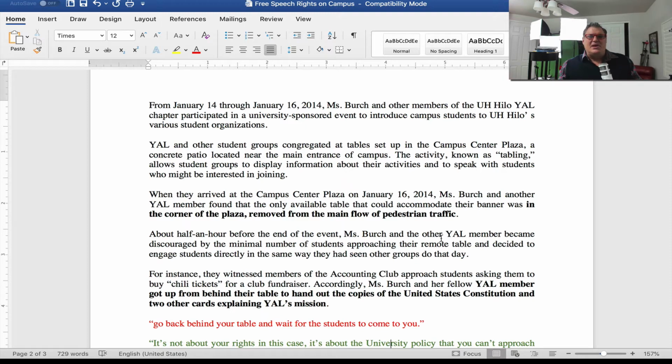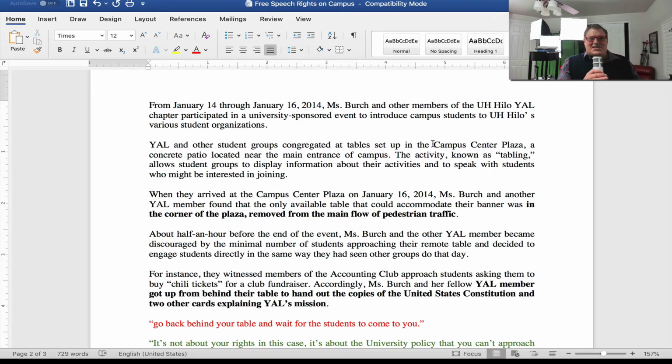That's the whole concept. YAL and other student groups congregated at tables set up in the campus center plaza, a concrete patio located near the main entrance of the campus. This is known as tabling, allowing student groups to display information about their activities and speak with students.